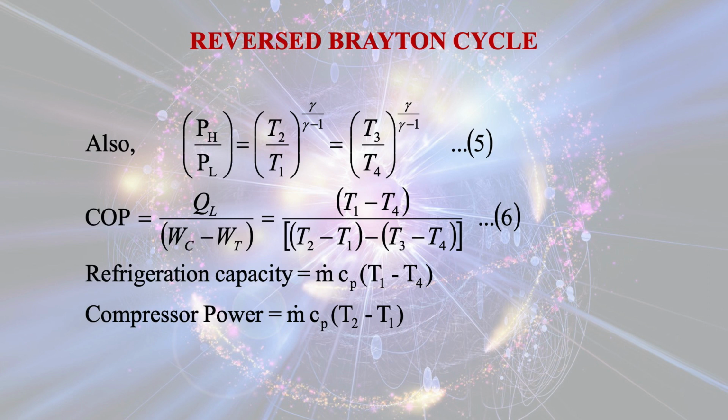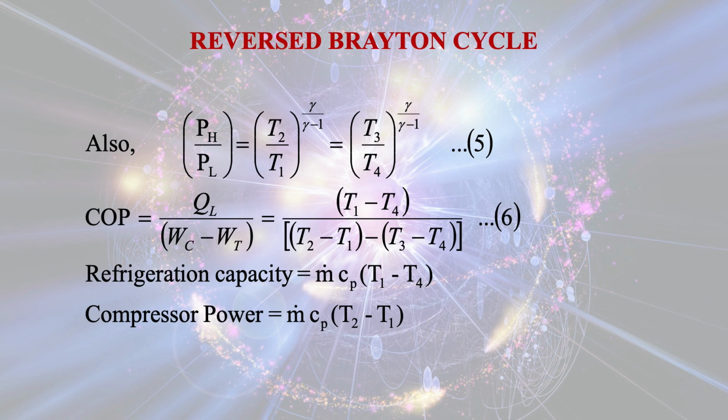Gamma is the ratio of specific heat of air at constant pressure and the specific heat of air at constant volume. So PH by PL is equal to T2 by T1 to the power gamma divided by gamma minus 1, which is equal to T3 by T4 whole to the power gamma divided by gamma minus 1.